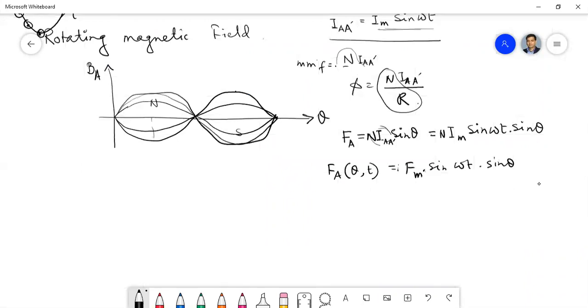Okay. Now you tell me, if we apply the same for the B phase coil, what will be the field generated by B? That will also be a function of theta and t. And if we do the same for C, what will be the field for C?